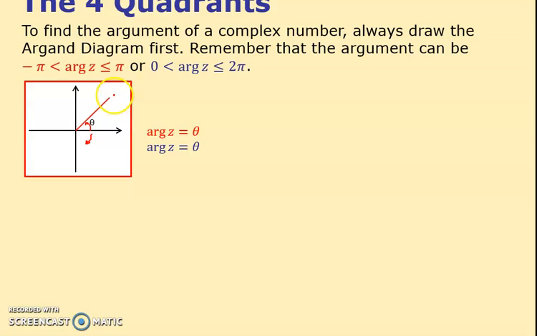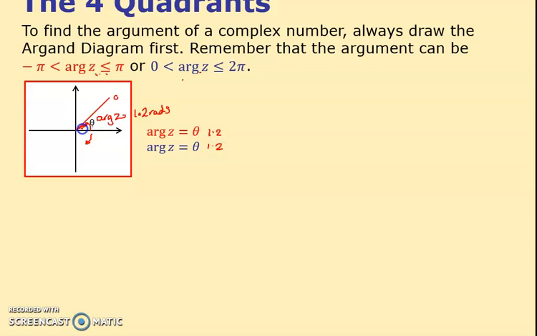So say this angle up here was, arg z equals, I'll just say it's 1.2 radians. Now it doesn't matter which method you'd use here, it would be 1.2 either way.